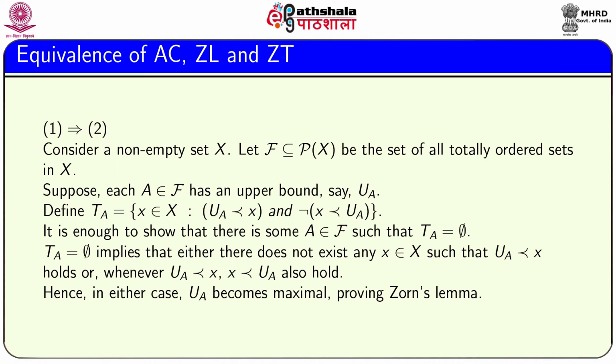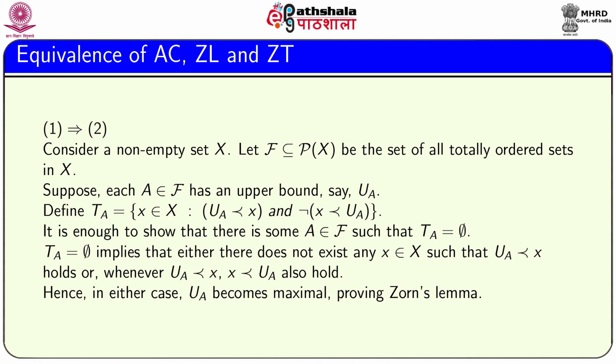Define T A as the collection of all points x from capital X such that U A precedes x and x does not precede U A. It is enough to show that there is some A belonging to script F such that T A is empty.